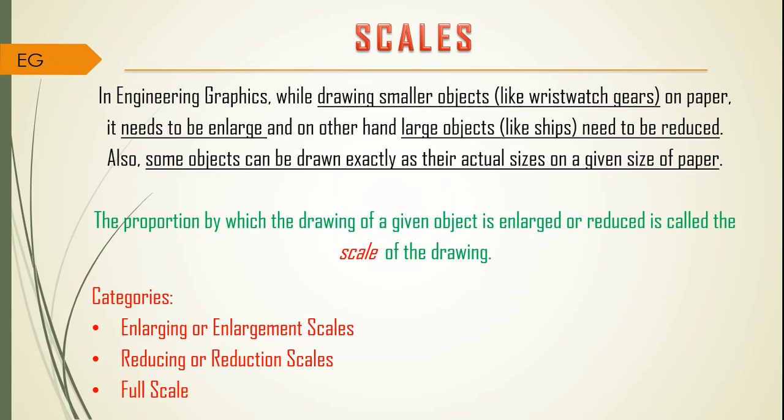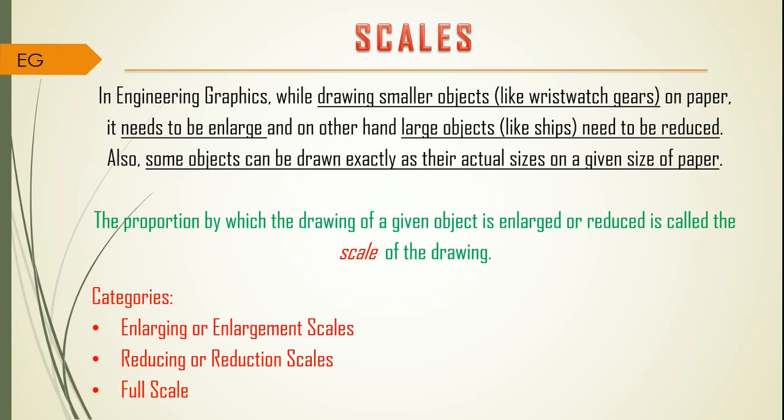On the other hand, if you have a larger object, say you have to draw the views of your ship, or you have to construct a building and put down its dimension on a paper. So if you are using the actual scale to draw the respective shape or building on a paper, then it is not possible on your respective imperial sheets.